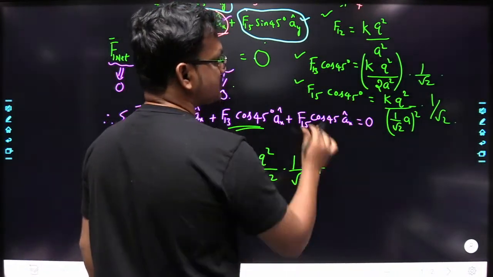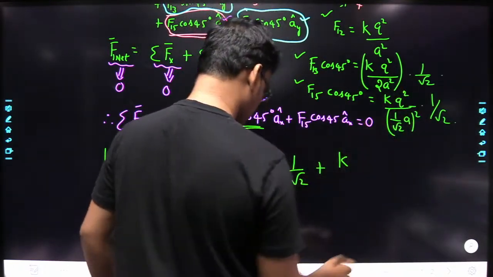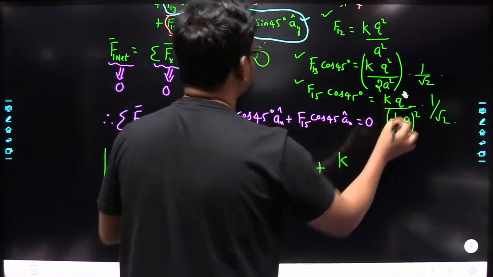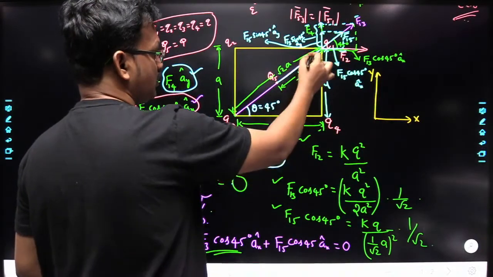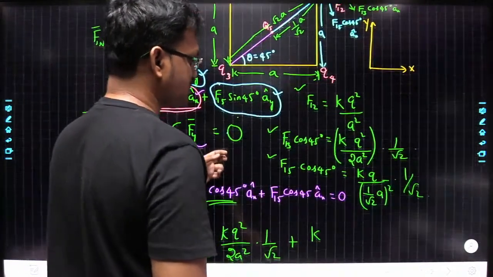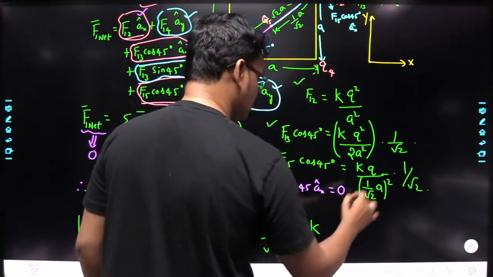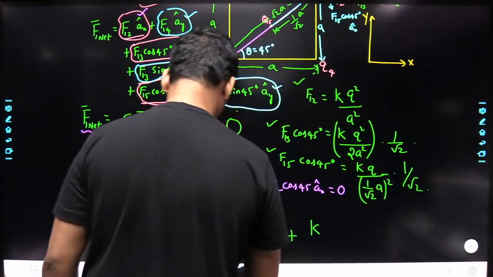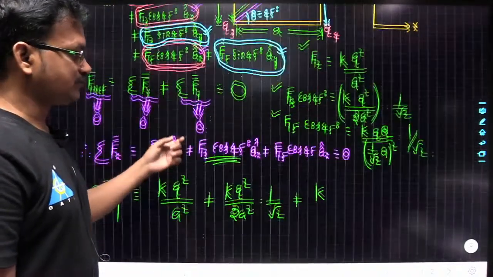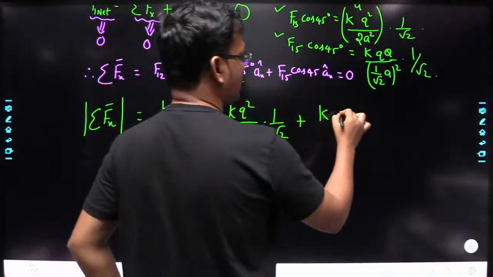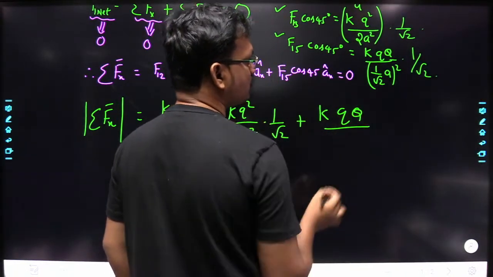Plus F15 cos 45, that is k, it is not q square here, sorry. F15 is the force on 1 due to q5, so that means k into q into capital Q, q5 means capital Q, divided by 1 by root 2a whole square.